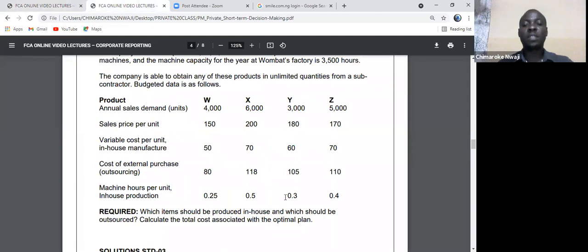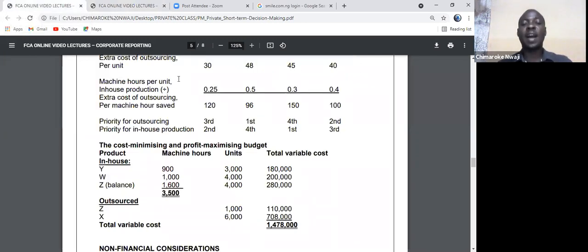If you have 0.3 hours, which is about 18 minutes, to do one job for Y, and you have 3,000 jobs in Y, you multiply by 3,000, and you have 900 hours to be used to do all of Y. So that's the 900 hours we have here, and the unit is 3,000.